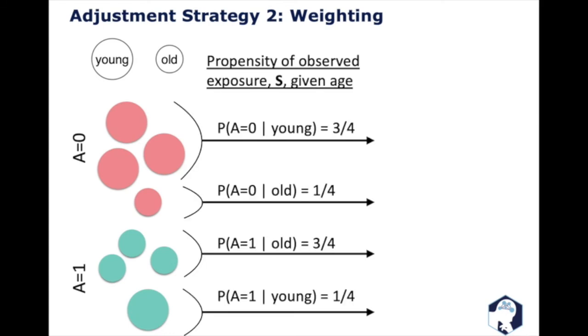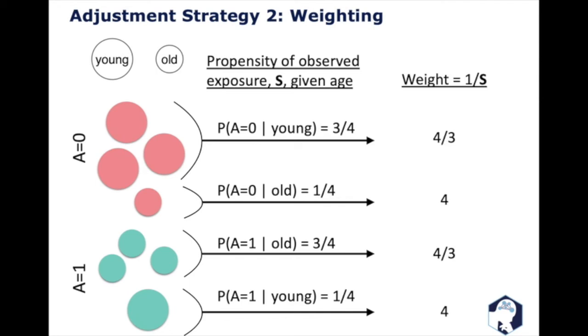In this case, we can model and estimate the propensity score, but because it's a very simple example, we can just look at the data and see what it is. For example, the probability that A equals 1, given that an individual is old, is 3/4. The probability that A equals 1, given that an individual is young, is 1/4 in this sample.